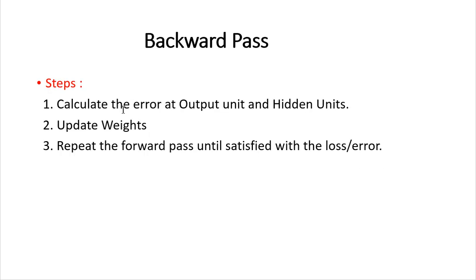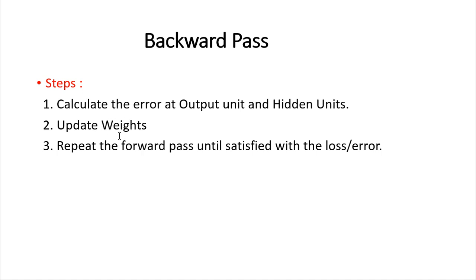If there is a bias, then after updating all the weights we have to update the bias values also. Once we update the bias and weights and calculate the errors, then we can perform the forward pass again until we are satisfied with the loss or the error.